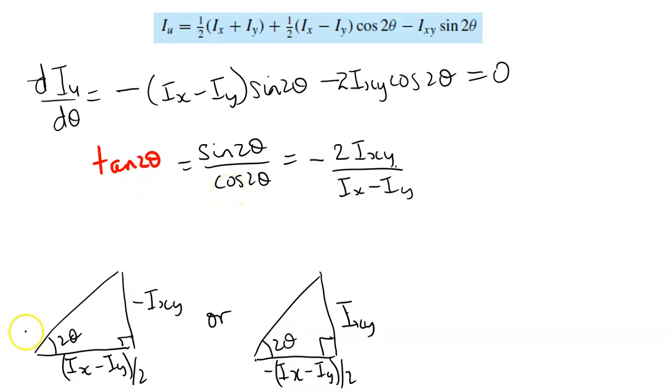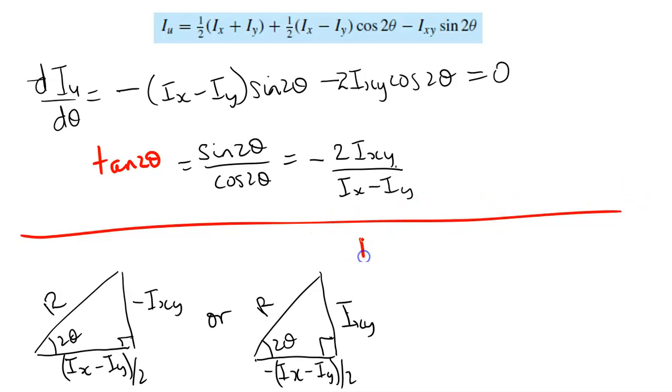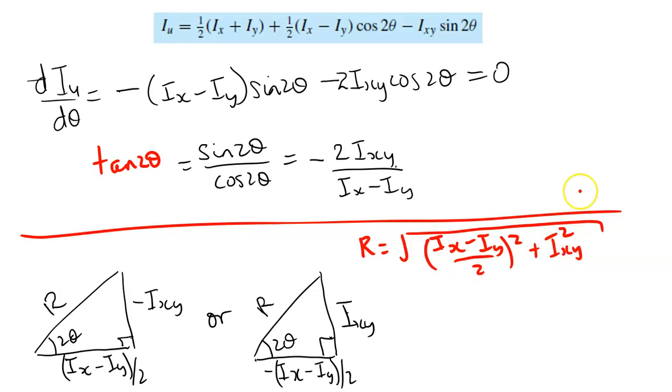Now, in both cases, you're going to have this hypotenuse r being equal to the root of the sum of the squares. So in that way, it actually becomes relatively simple to define sine 2 theta. We can define sine 2 theta in two ways.